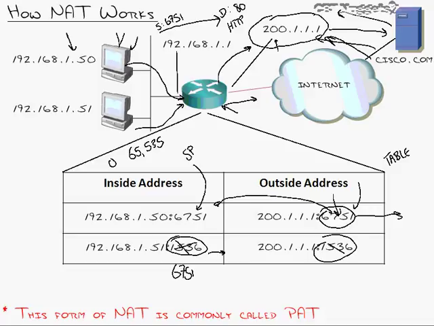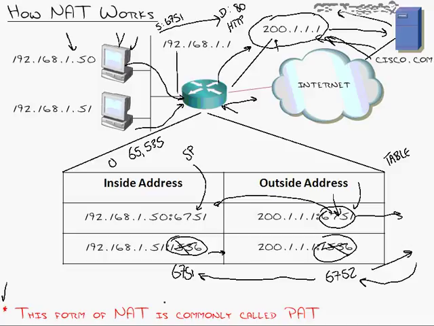The next person, it'll say, well, it looks like 6751's tied up, so let's use 6752 for you. And you'll go out as 6752. No worries, right? Because the web server gets that, sends it back, and the router sees it and goes, oh, okay, well, 6752 has to come back to 6751 on the inside of the network. That's why I put a little asterisk.